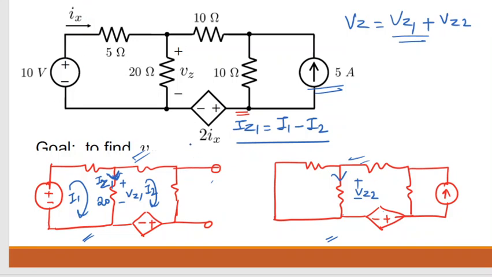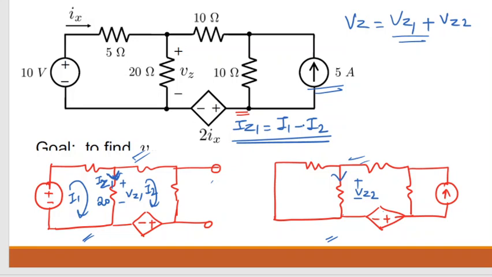And IZ1 and I2 will be in same direction or opposite direction. So that will be negative, right? So can we say that IZ1 is equal to I1 minus I2? Yes or no? Tell me the equations.